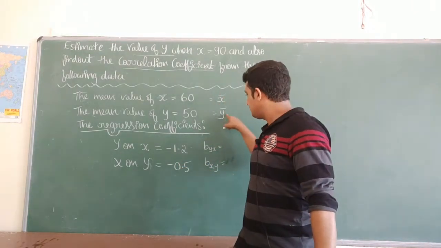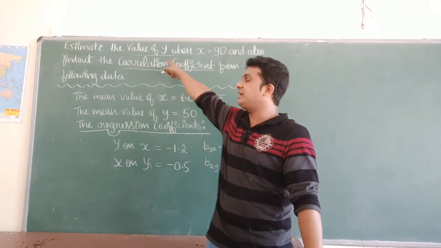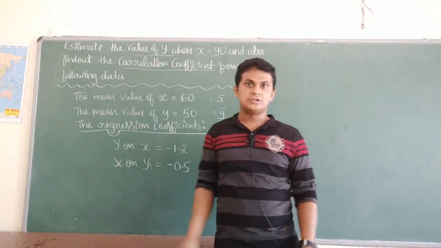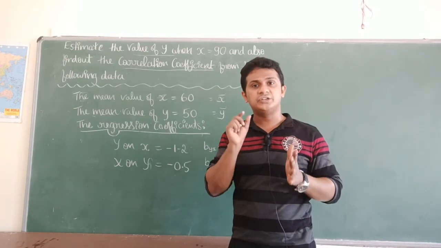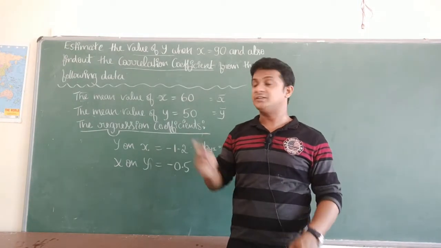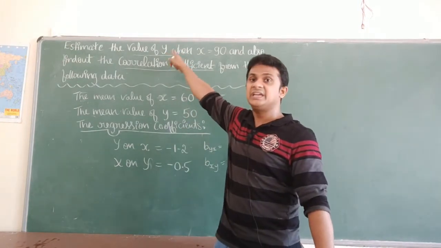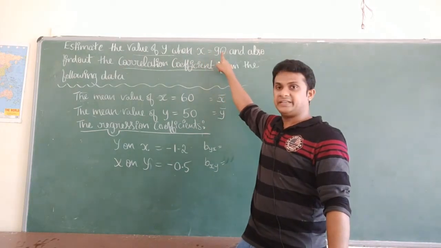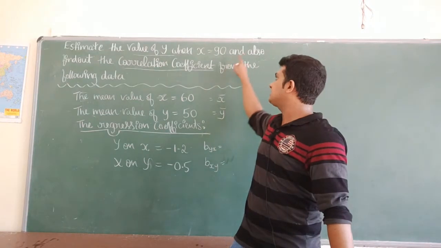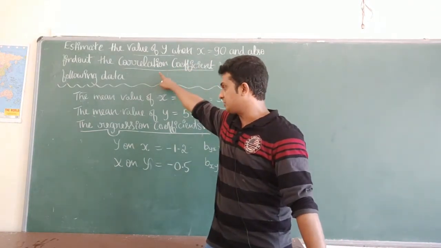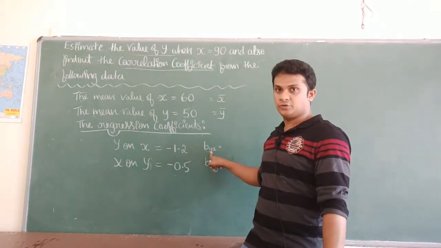So now using this information, we need to find the value of y first. So we have mean values here, right? That means we can use the arithmetic mean method to find out the value of y if the x value is 90. So we will be going for the arithmetic mean method. Then they have asked us to find out the correlation coefficient, and they have given regression coefficients.